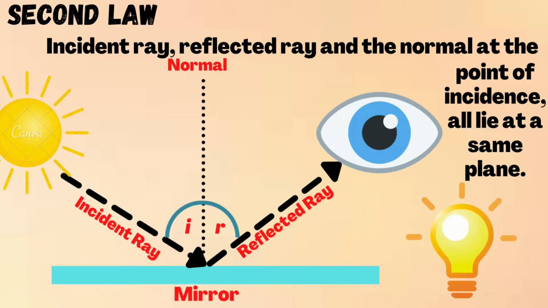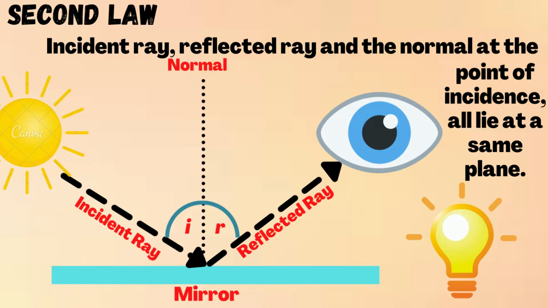Now what does the second law say? Now second law says that जो हमारी ये इंसिडेंट रे होती है, यानी कि द रे ऑफ लाइट जो एक सरफेस पे फॉल करती है, जो इंसिडेंट रे होती है, और जो रिफ्लेक्टेड रे जो कम बैक करती है फ्रॉम द सरफेस आफ्टर रिफ्लेक्शन, और जो नॉर्मल होता है, ये तीनों एक ही प्लेन पे लाई करते हैं एट द पॉइंट ऑफ इंसिडेंस.